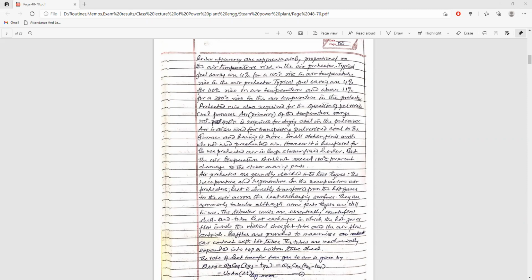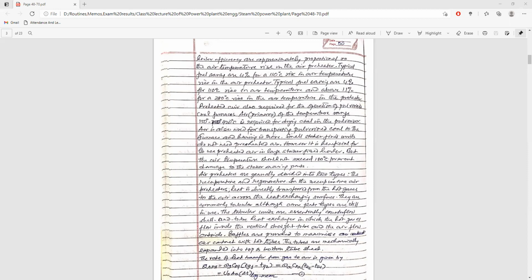In a shell and tube heat exchanger, there is a shell, a box or container housing the tubes, in which hot gases flow inside the vertical straight tubes and the air flows outside. Unlike the regenerative type, in the recuperative type air is not going through the tubes.